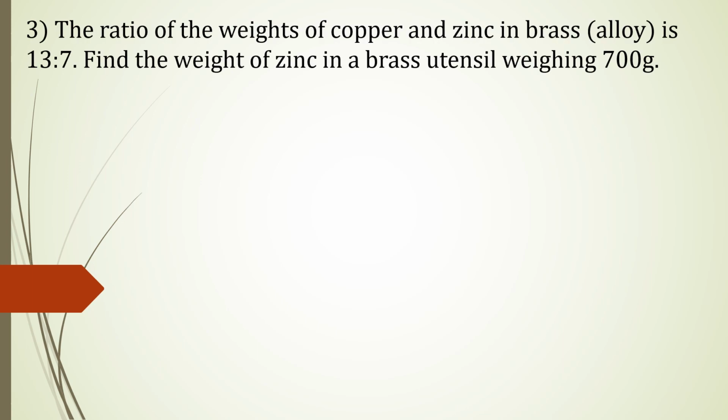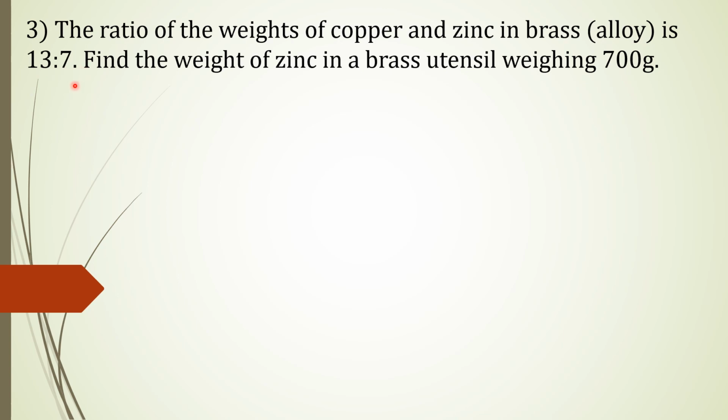Now moving to the third one. What is given in the question, student? The ratio of the weights of copper and zinc in a brass, that is an alloy. It is made up of two metals. So mixing of two metals is known as brass. It is an alloy, is 13:7.